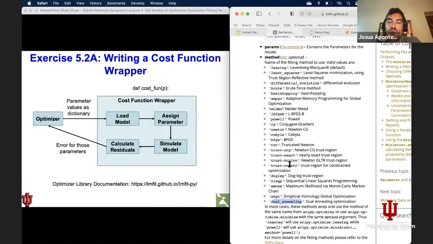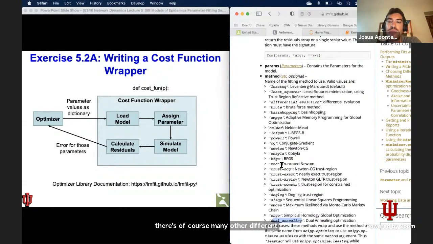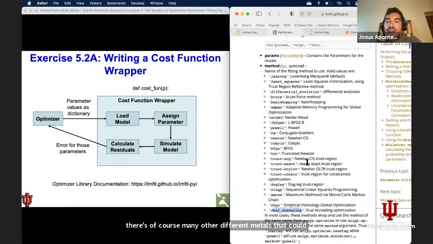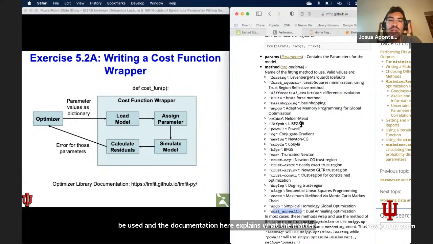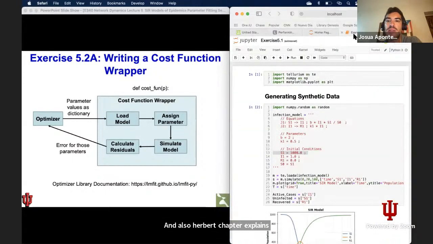But there are, of course, many other different methods that could be used. The documentation here explains what each method is doing, and Herbert's chapter also explains additional methods that we did not discuss in class.